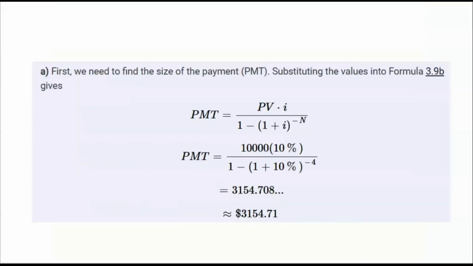So you can look under that heading, you will see this formula. Substituting the values, principal value, the interest rate, number of payments, and so on. Put all of them in there, right? And you calculate, you get roughly $3,154.71, rounding that to 71 cents, right?